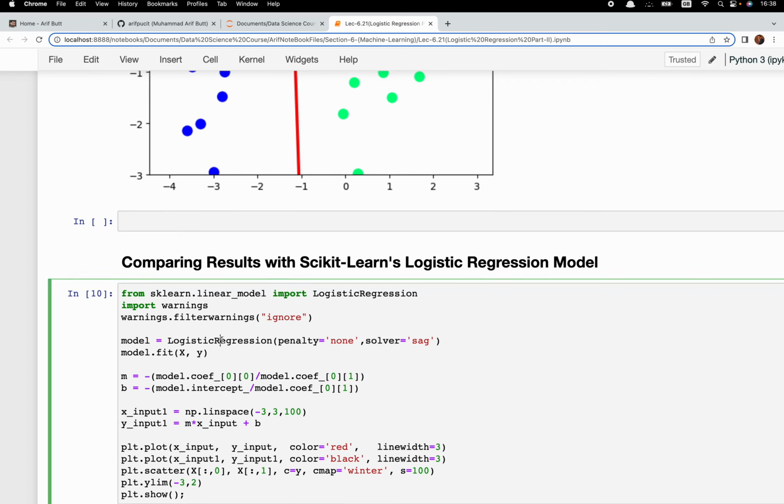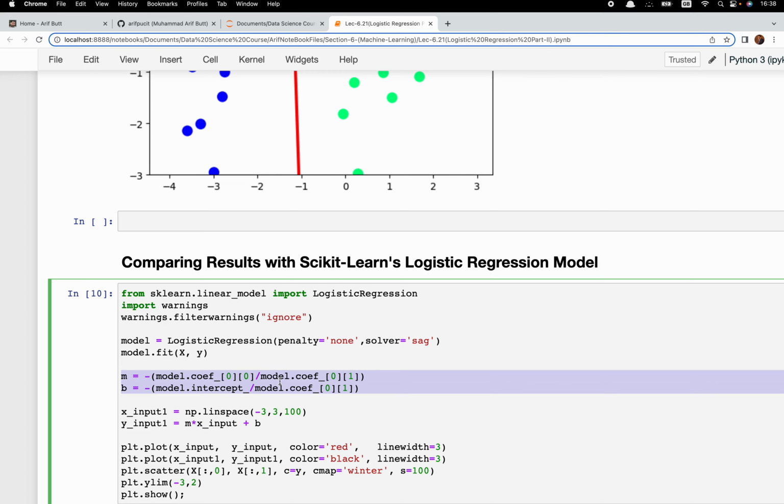So after creating the instance of the logistic regression, I am calling the fit method on this model instance by passing it the x and y. Now we have the trained model whose intercept is there in the intercept_ attribute of the model, and the coefficients are there in the coef_ attribute of the model.